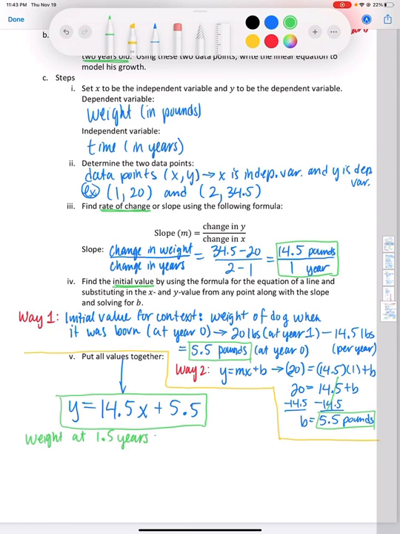So the weight at 1.5 years means y is the weight that we want: 14.5 times 1.5 plus 5.5. 14.5 times 1.5 is 21.75.